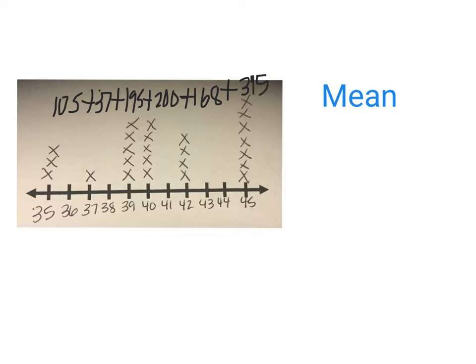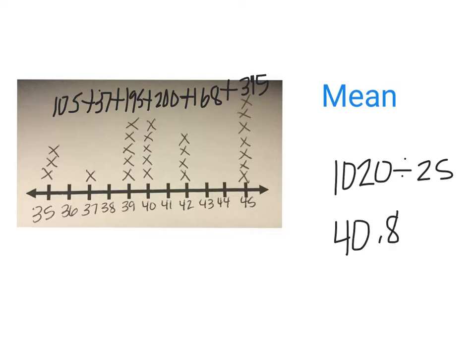When I add those together, I should get 1020. I'm still going to divide by the number of X's I have, which should be 25, and you get your 40 and 8/10.